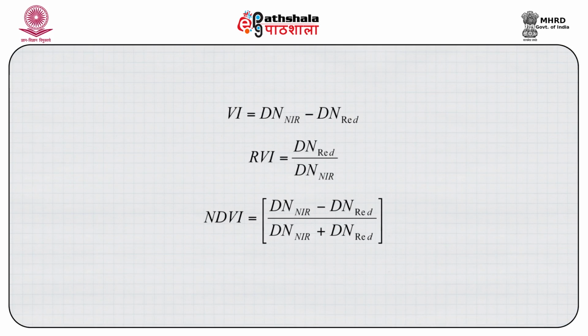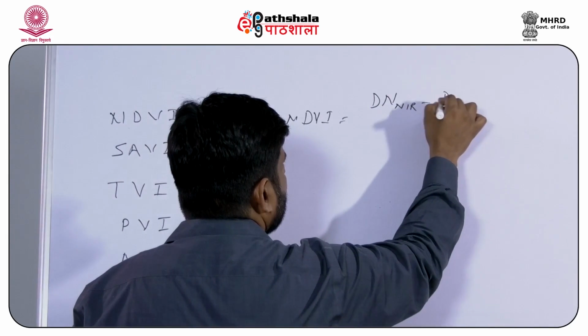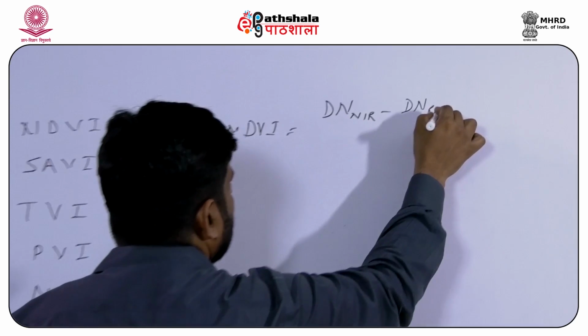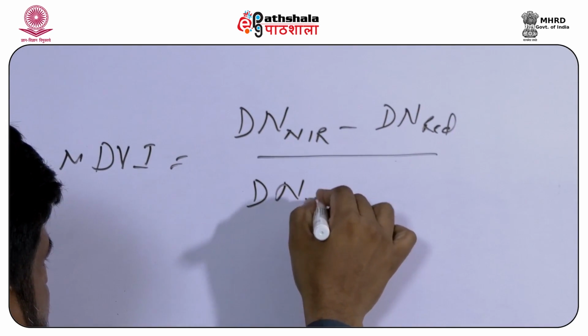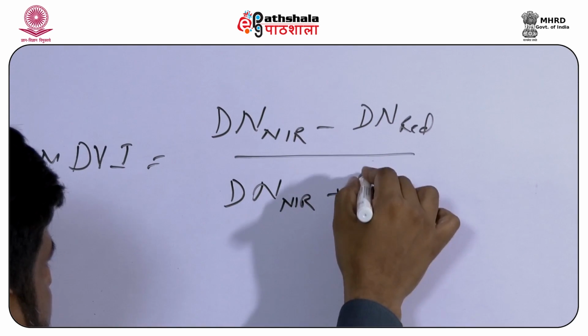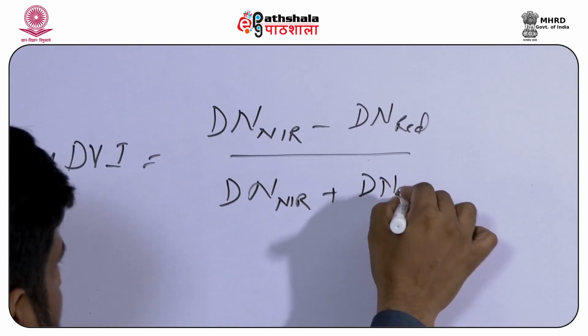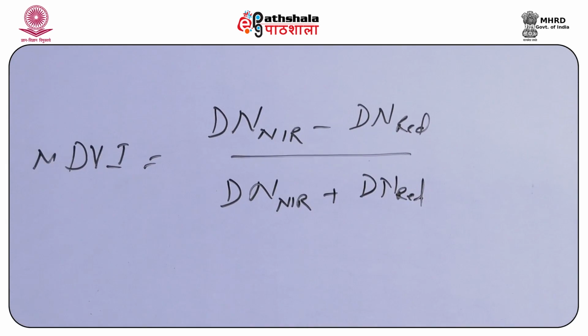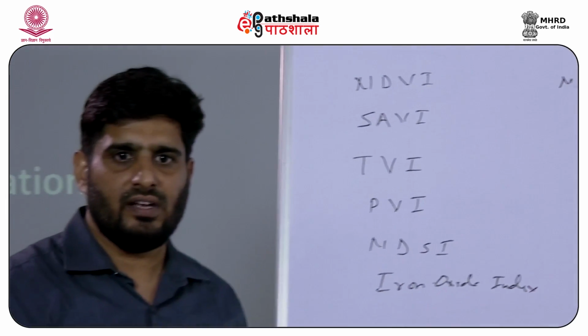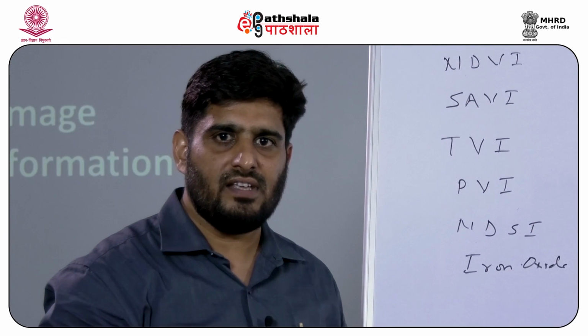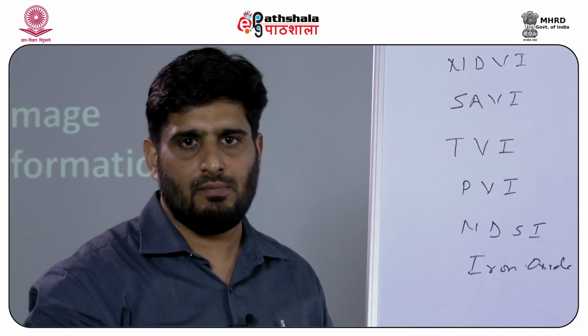So, mathematically we can write this as, it is simply the ratio of difference to the sum of the pixel values in two different bands, that is near infrared band and red band.